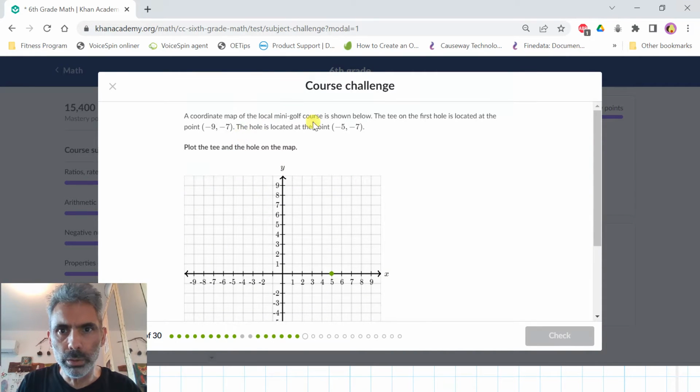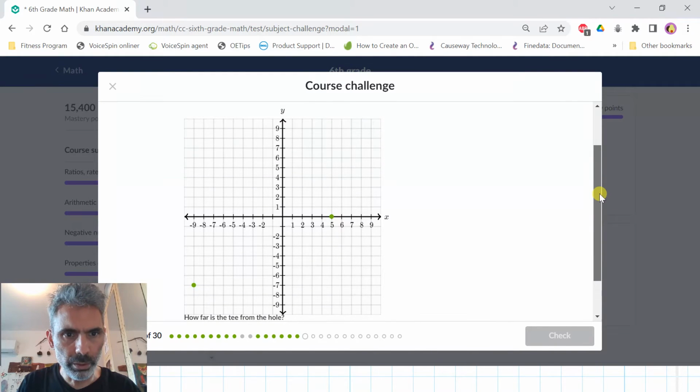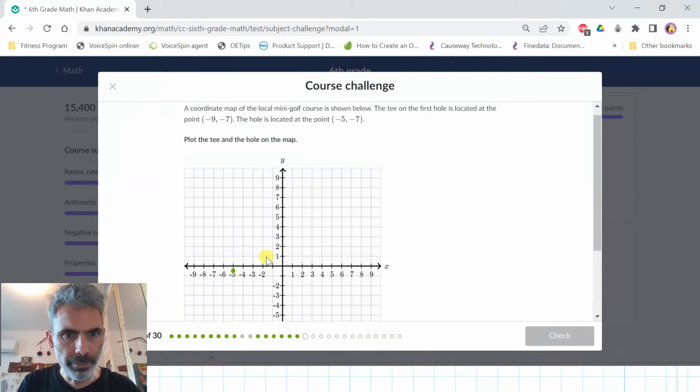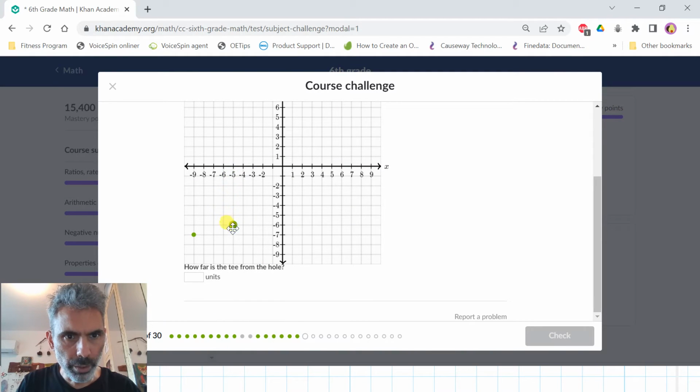The hole is located at the point (-5, -7).